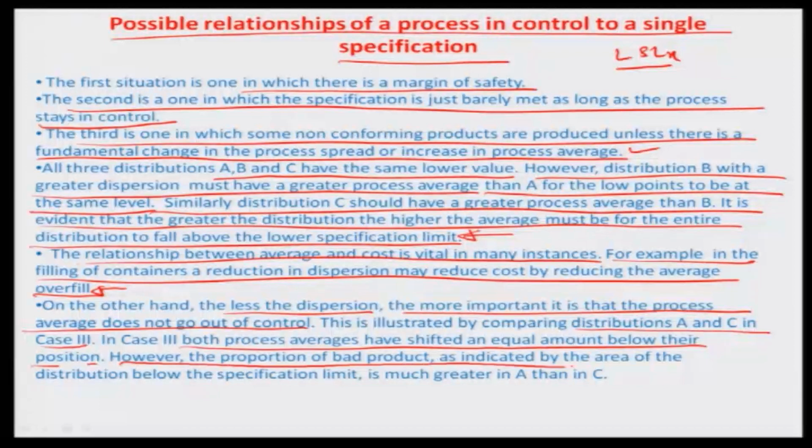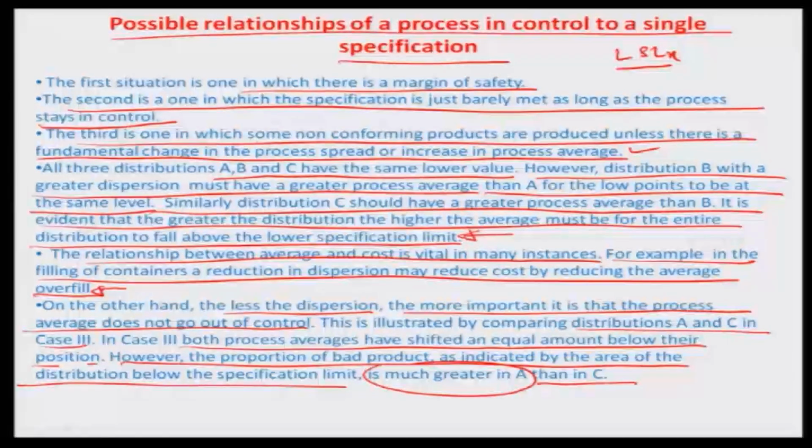However, the proportion of bad products, indicated by the area of the distribution below the specification limit, is greater in A than in C. So, as I told you, it is advantageous in that particular case to have a greater spread of the process at a higher average or mean rather than a lower average mean and a lesser spread of the process. So, that is how we sort of indicate the various relationships in this kind of single specification meeting situation.